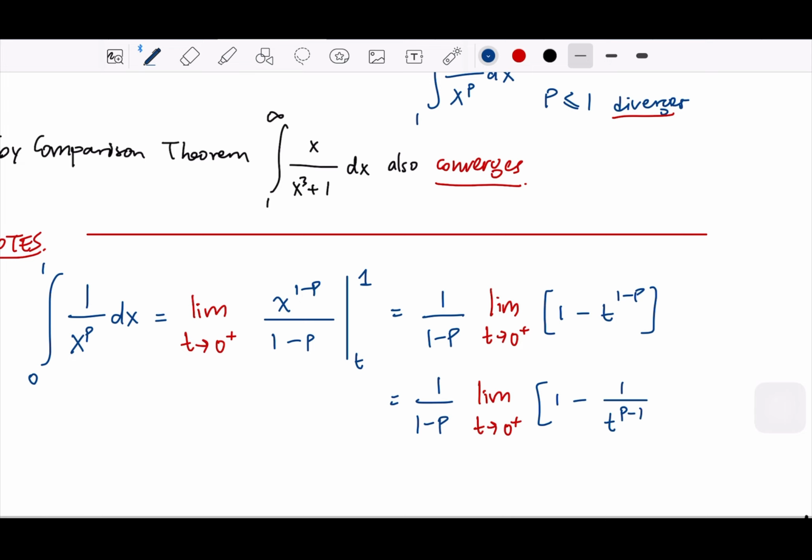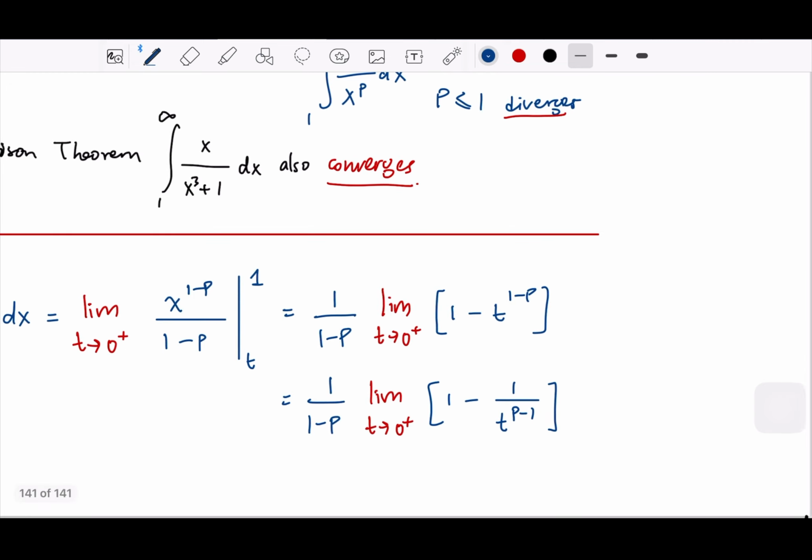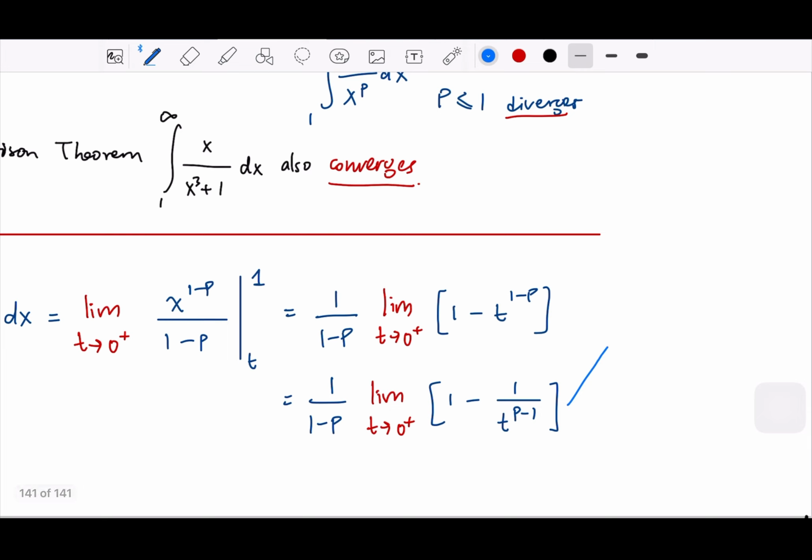I've changed this to p minus 1 because of our fractions. Now from here, let's take p that is positive, or p greater than 1. So p minus 1 is positive. So when we have this, then t to the p minus 1 goes to 0, and 1 over it goes to infinity, right? When p is positive.